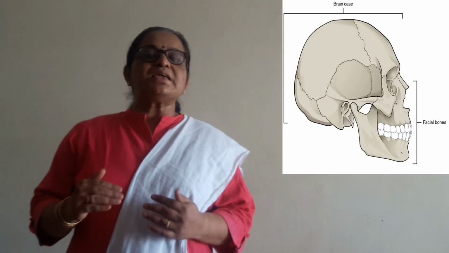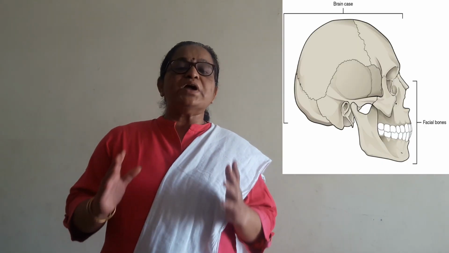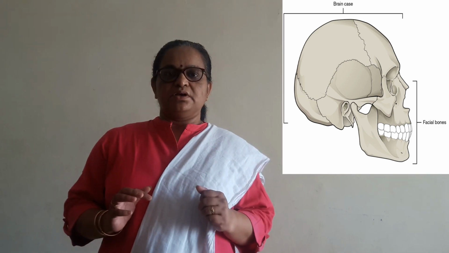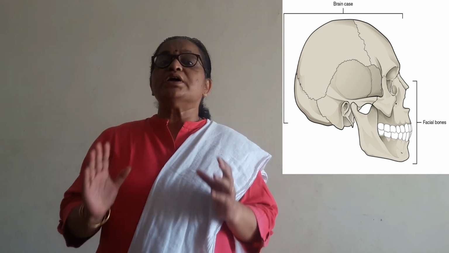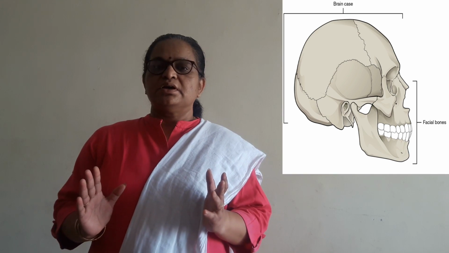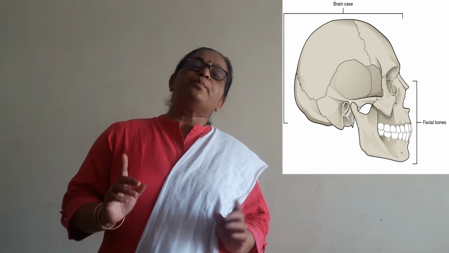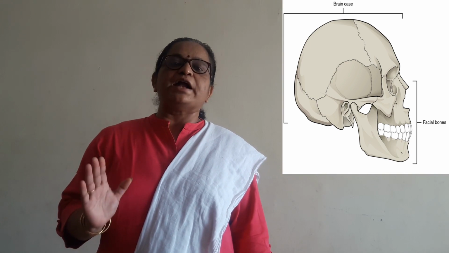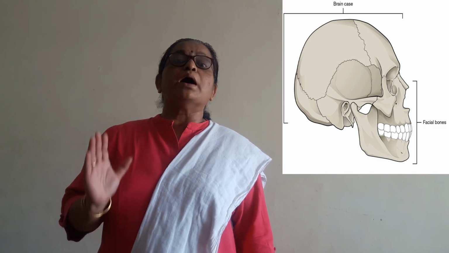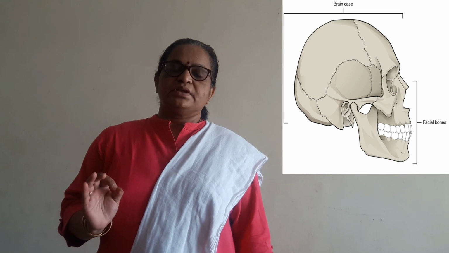First, the uppermost part of the skeleton is skull. Skull is made up of 22 bones. Out of these, 8 bones are flat. And these 8 flat bones form a brain cage.